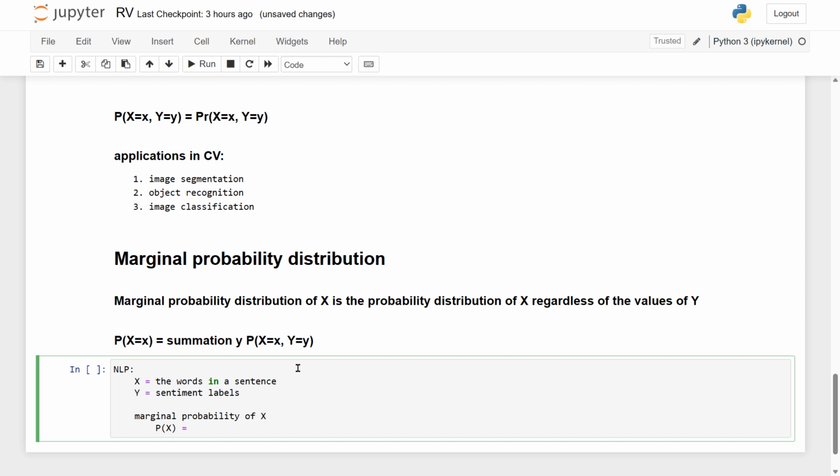We have shown that equation. It's pretty difficult to type the summation here. So that's how we compute the probability of X. The marginal probability distribution of X is the probability distribution of X regardless of the value of Y. It's computed by summing the joint probabilities over all possible values of Y.